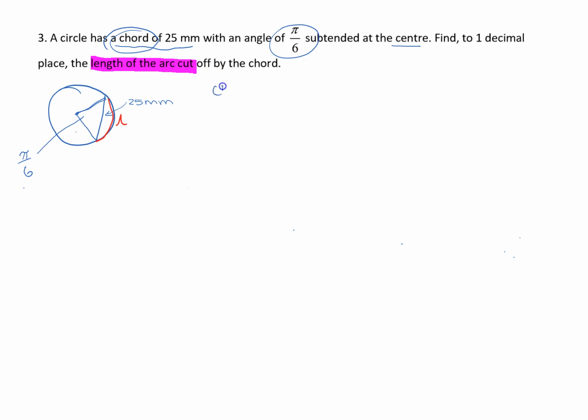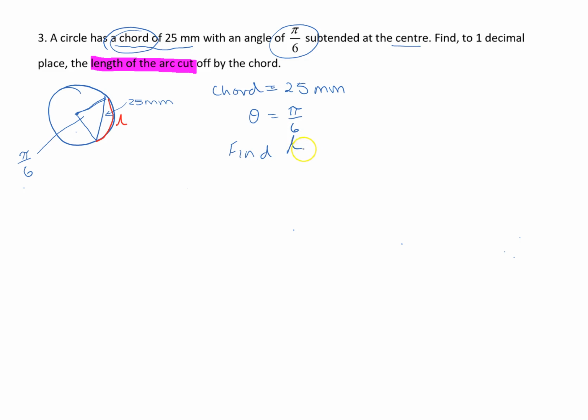So our chord is equal to 25 millimetres. Again, I'm thinking chords don't come into calculation of arc length. Our theta is pi on 6, and that's great because it's in radians. I'm going to find L, cut off by the chord.